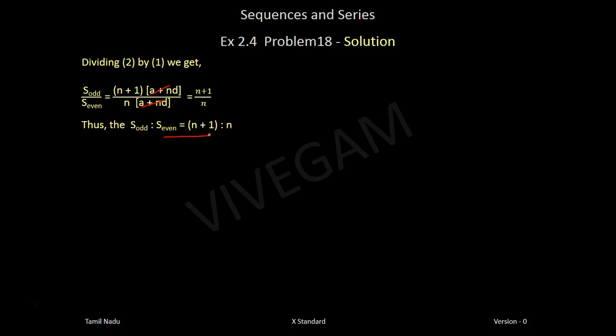It will be a plus d for the even series. Then all you need to do is find the last term for both the series. Then use the formula Sn equal to n by 2 into a plus l, first term plus the last term, into n by 2, right? And you have to be very careful with the number of terms. For the odd terms, you have n plus 1 terms because the first term is also odd and the last term is also odd. For the even series, you will have n terms.